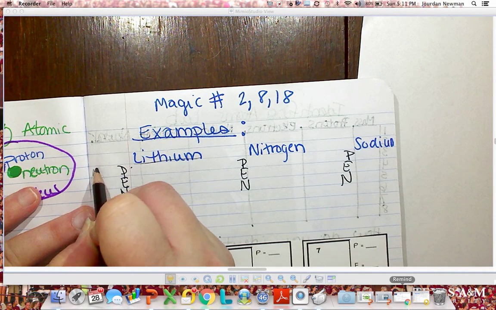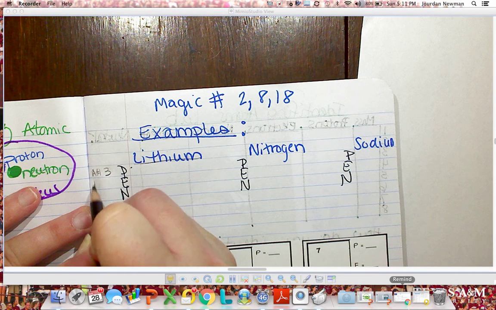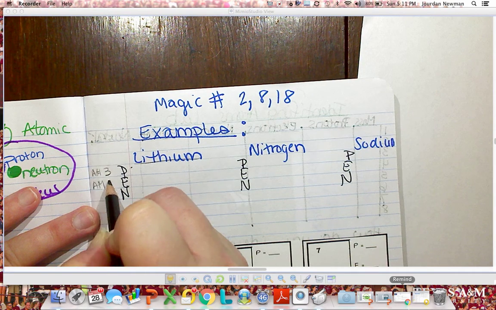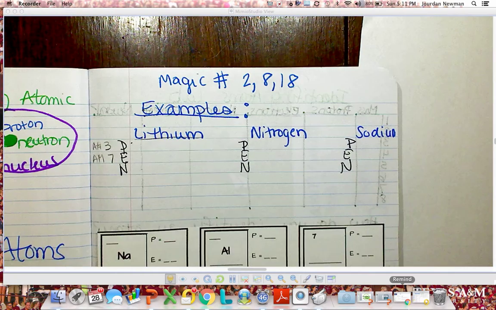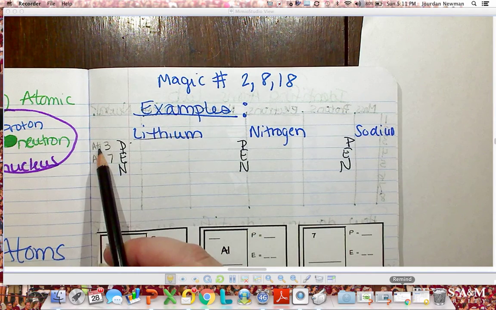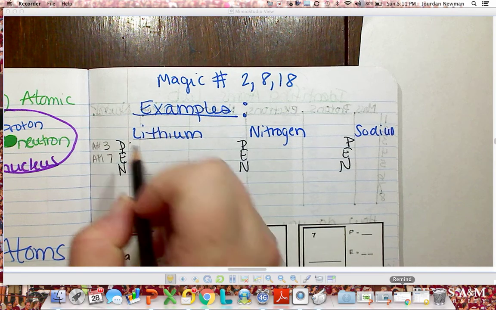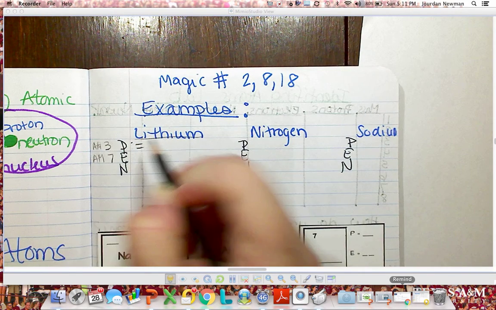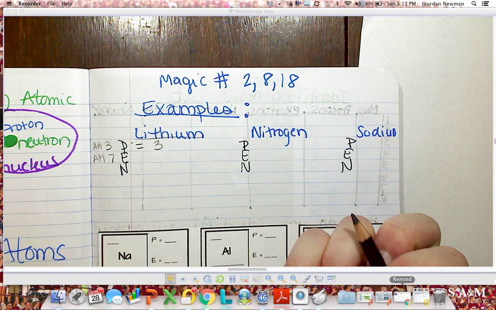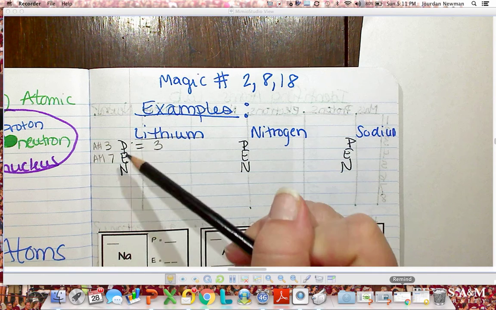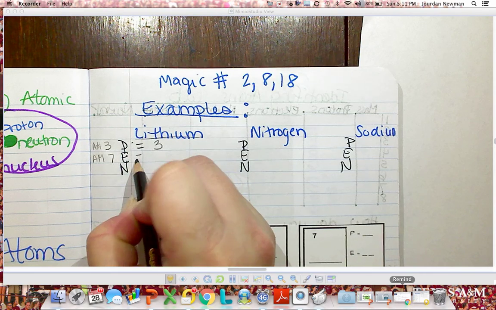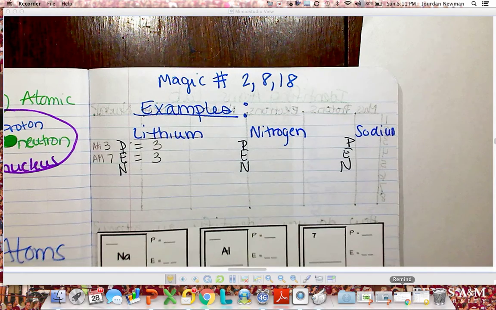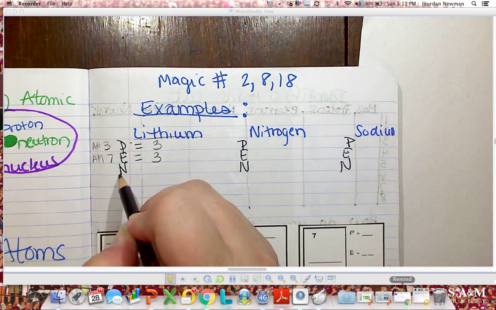I'm going to write that right over here. Remember, like we just talked about, our atomic number is always going to be the number of protons we have. So we're going to have 3 protons. We're only drawing a neutral atom right now, so our atomic number is also going to equal our electrons.